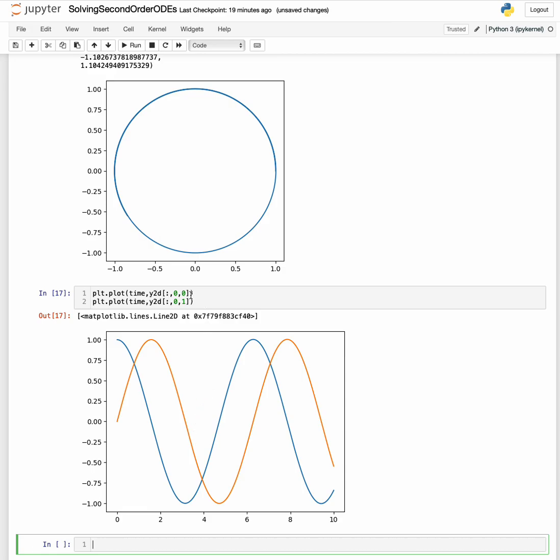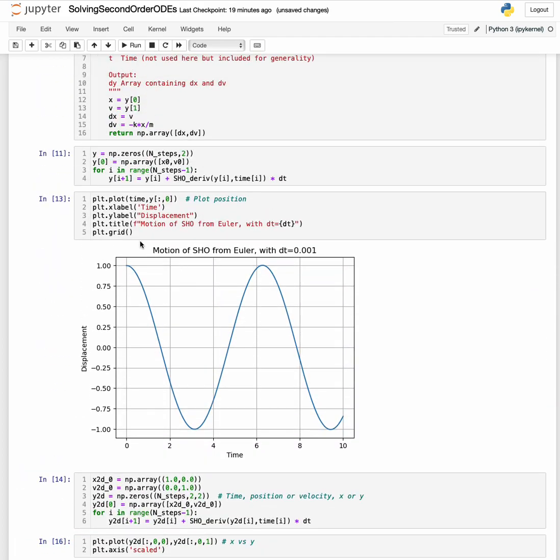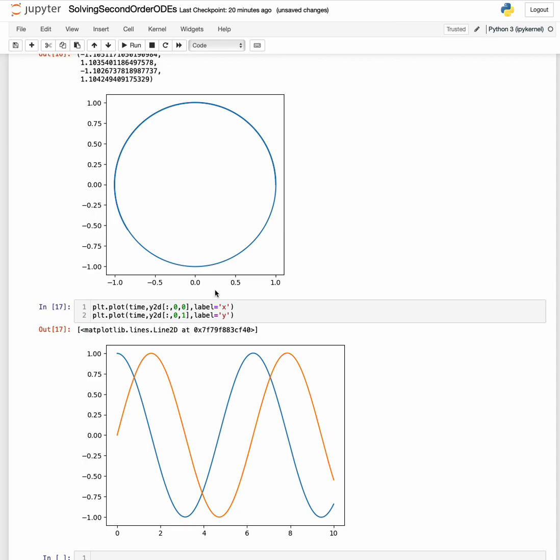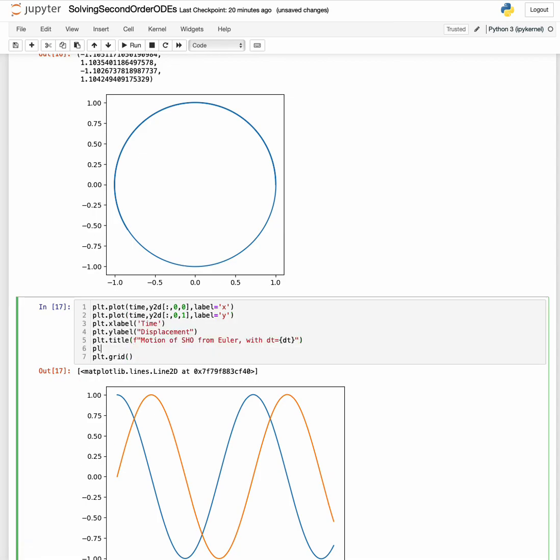This maybe shouldn't surprise you. So let me just put in here a label x and y, and I'm going to copy my set of notations here as well so I can see them. And I'm also going to put in a legend.